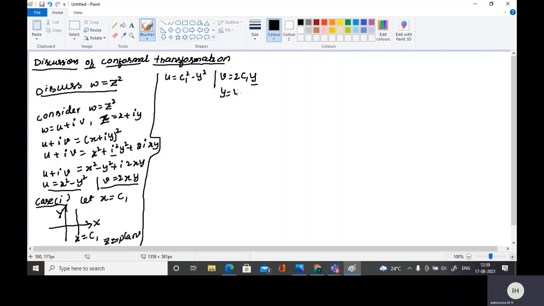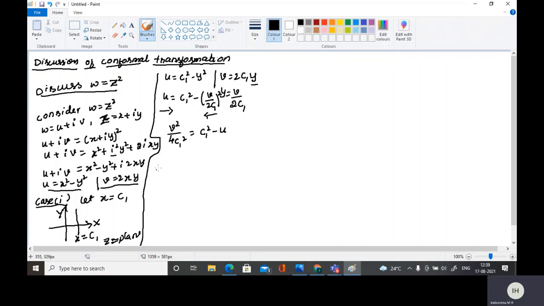So y is equal to v by 2c1. Now substitute v by 2c1 here. So we obtain u is equal to c1 square minus v by 2c1 whole square. Take this to the LHS and u to the RHS. So we obtain v square divided by 4 c1 square is equal to c1 square minus u.